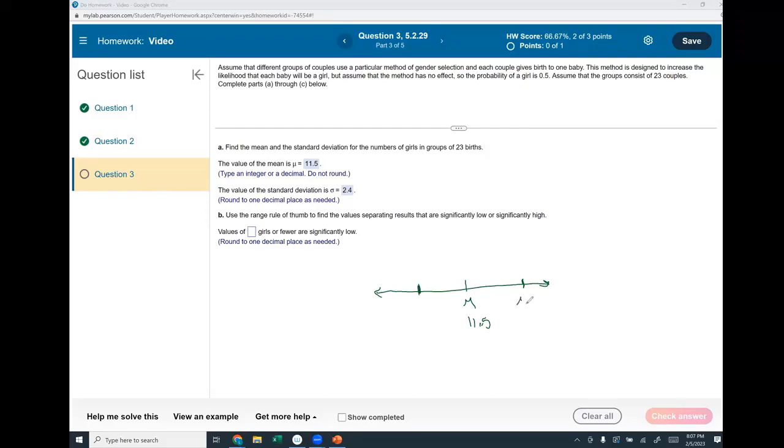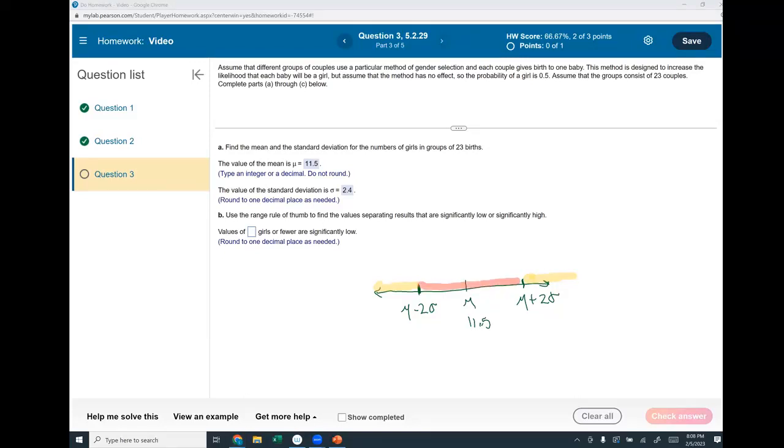This is mu plus 2 times sigma, and this is mu minus 2 times sigma. So basically, anything less than this is significantly low. Anything greater than that is significantly high. And anything in the middle is not significant. I think we've gone over this a few times.